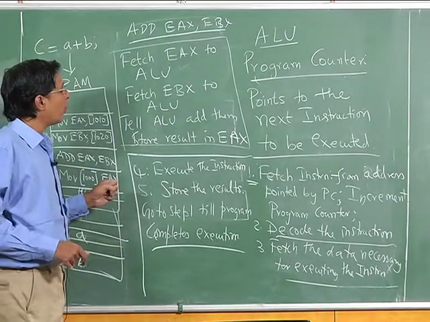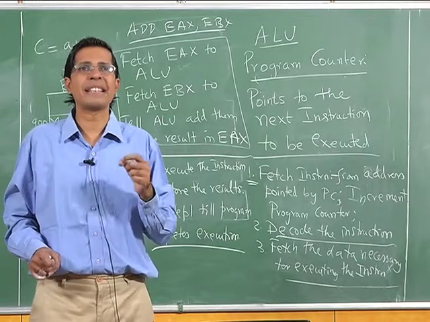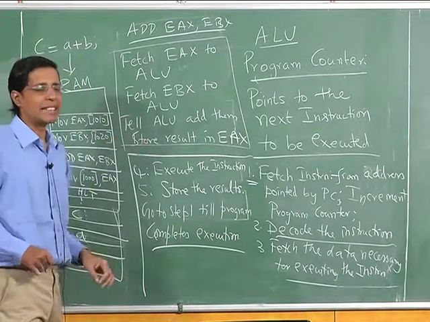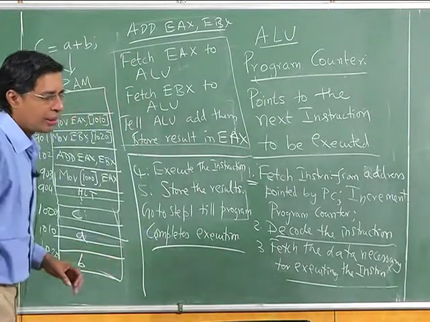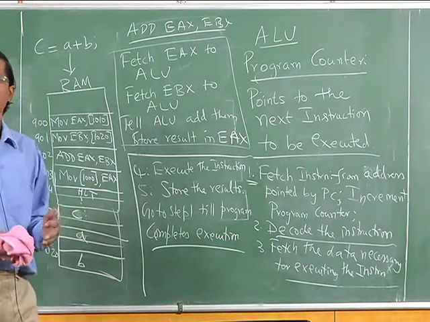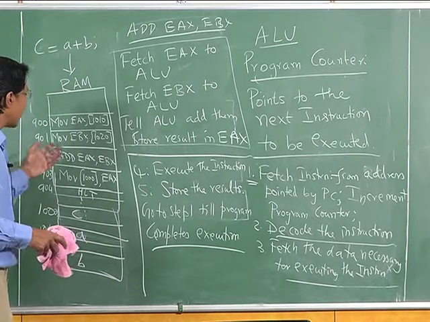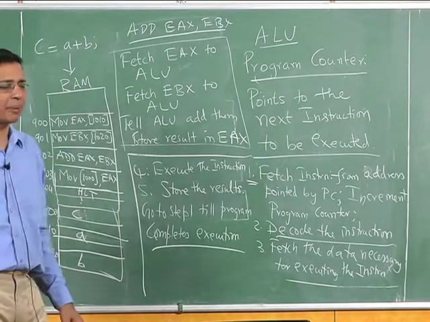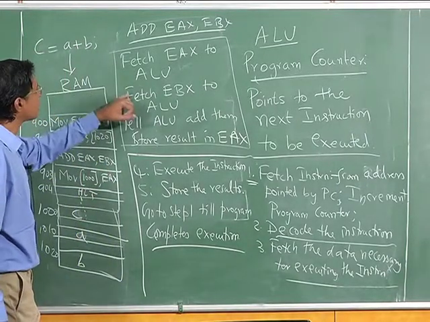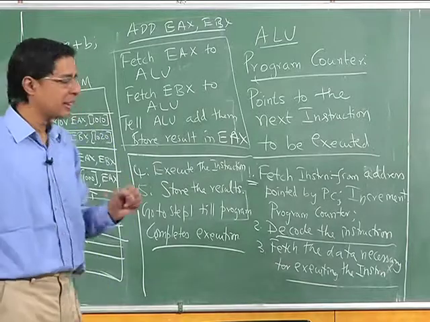Now what we need to understand at the micro programming level or the micro architecture level is how these micro instructions are executed. So in the remaining part of this class and in the next class, I will cover how a given assembly instruction, namely say add EAX comma EBX, is executed, rather how these 4 micro instructions corresponding to add EAX comma EBX are executed.